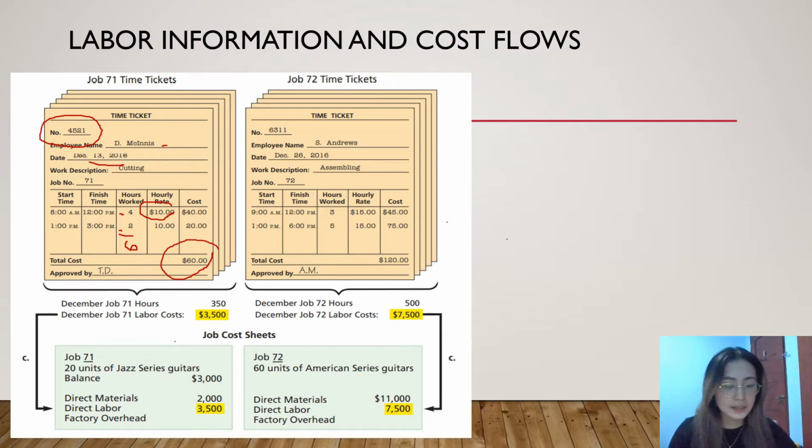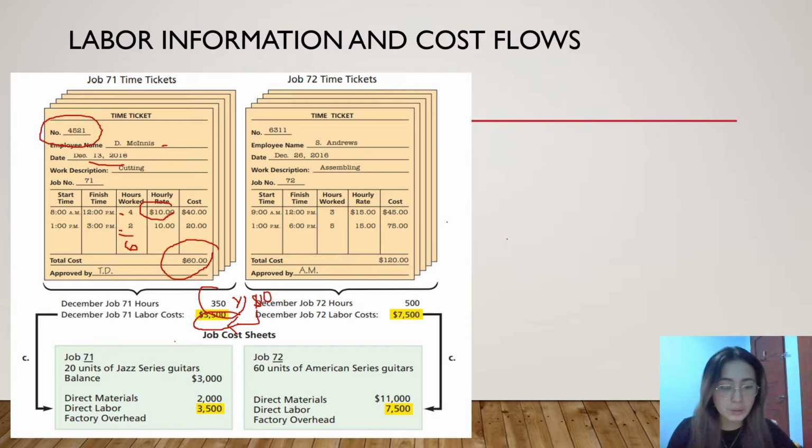It also indicates that a total of 350 hours was spent by employees on job 71 during December. Say that this is the total number of working hours incurred in December on job 71. So the cost of that would be 350 hours times an hourly rate of $10, which totals $3,500.